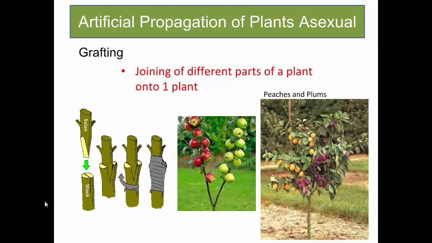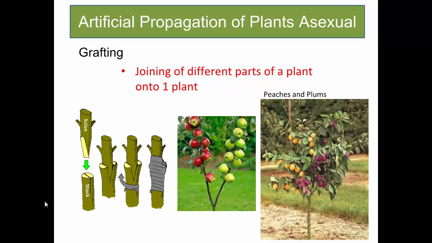The way they do this is they take the base part, usually a strong, sturdy plant with good roots and a straight trunk. They cut it off and they make a slit in it. The bottom part's called the stock.